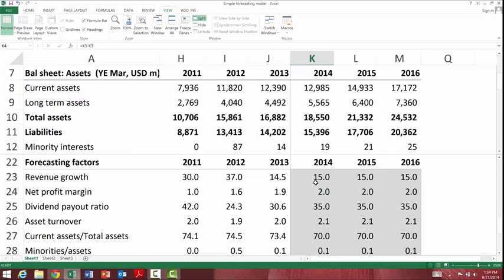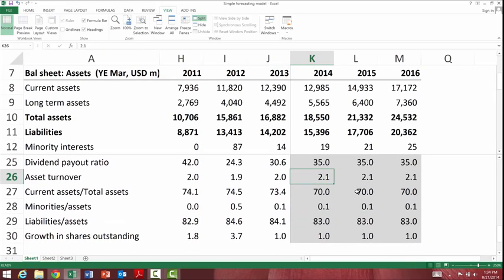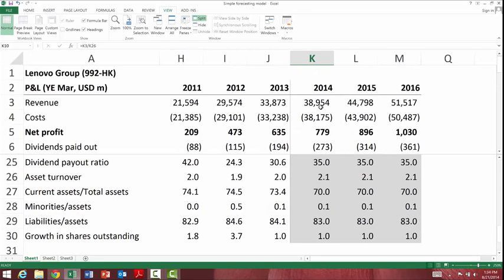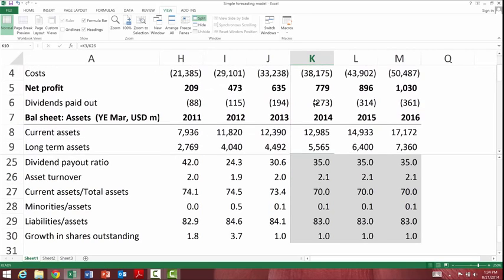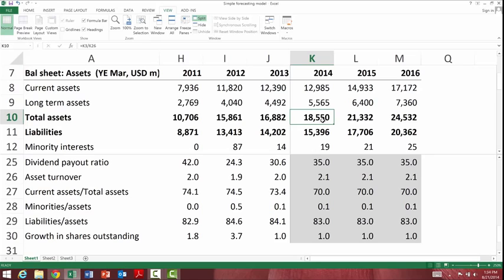In the balance sheet, I've looked at asset turnover, and I've looked at trying to relate the amount of assets to the amount of revenue. So asset turnover is the amount of revenue you get per assets. So right now, asset turnover is about 2.1, meaning that revenue is 38.9 versus 18.5.